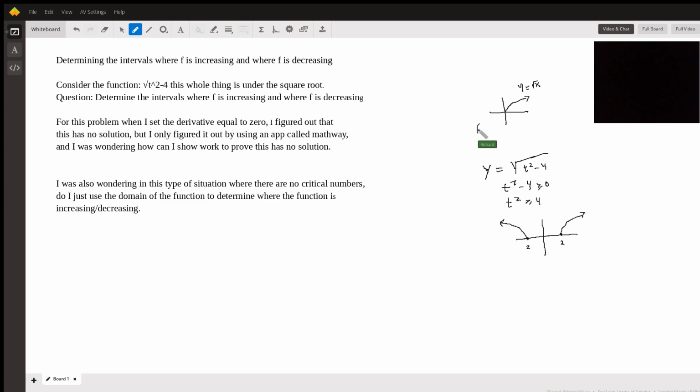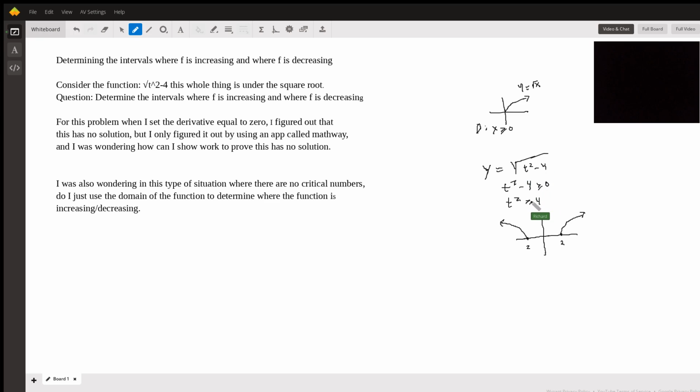You see here the domain is that x has to be greater than or equal to 0, because you can't take the square root of anything negative. The same thing is true here. It has to be 0 or positive.